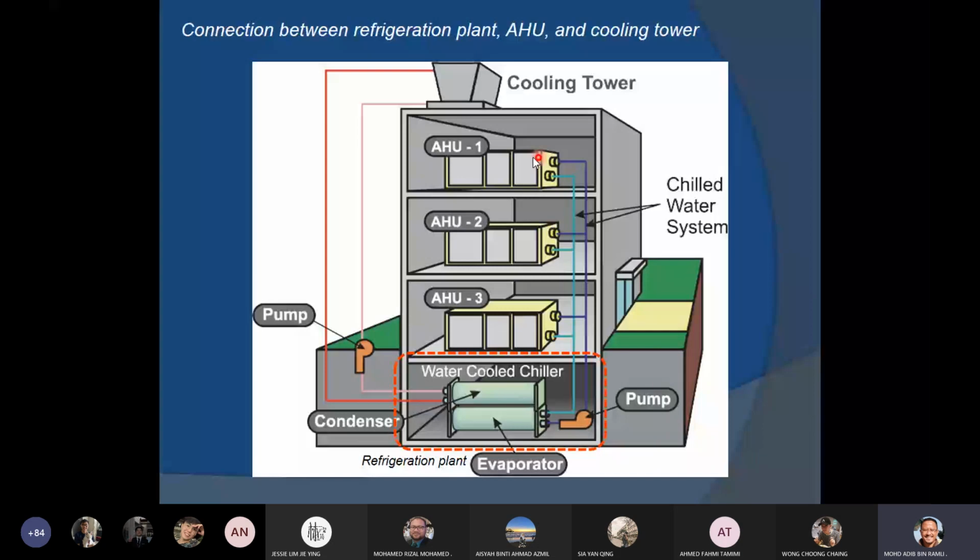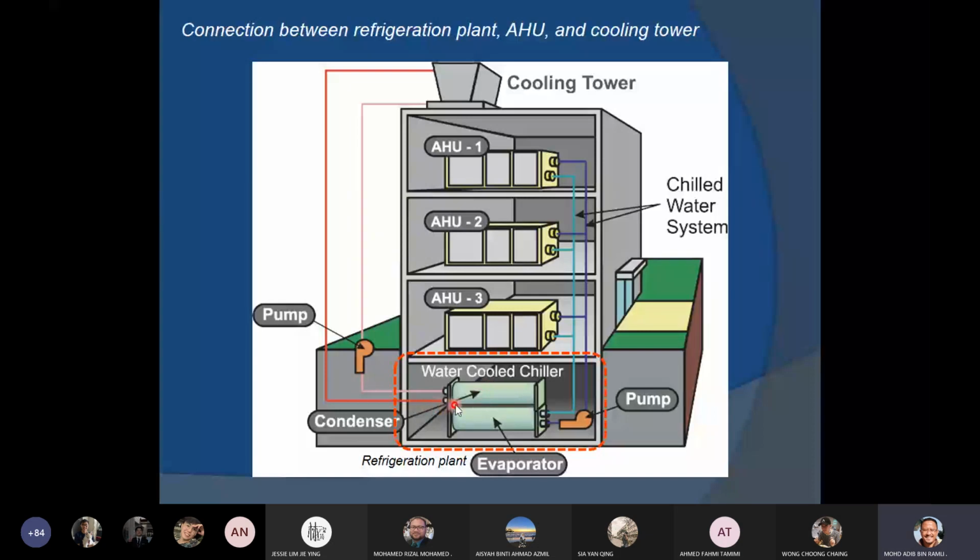At the same time, this light blue pipe is the chill water return, CHWR. It returns the chill water, which is not chill anymore, maybe just warm water, back to this evaporator, and then it gets to this condenser here.